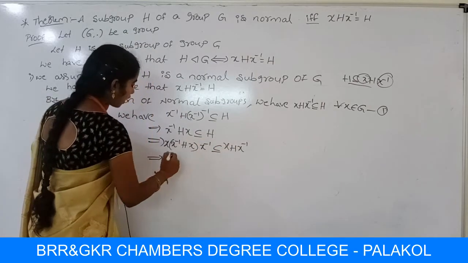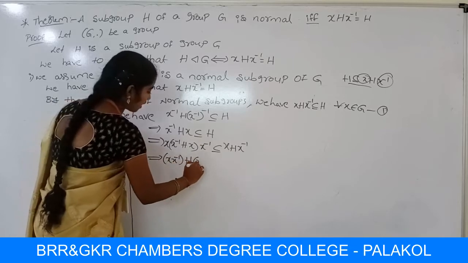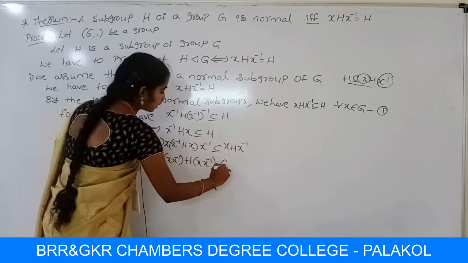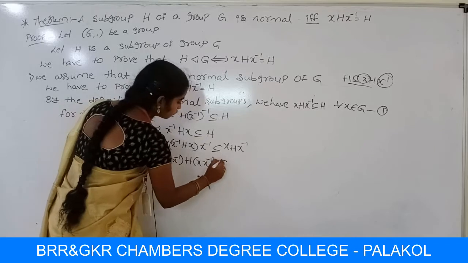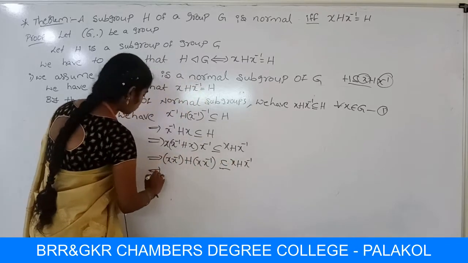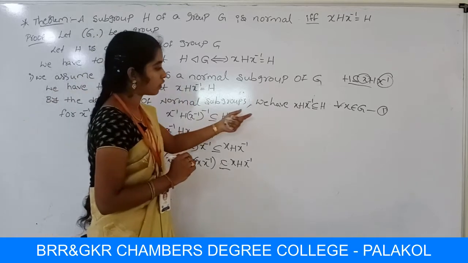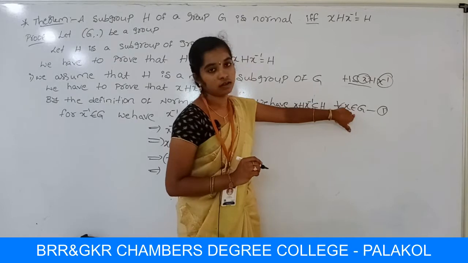So it can be written as X into X inverse into H into X inverse, contained in XH X inverse. So that means already you know that for all X belongs to Z.